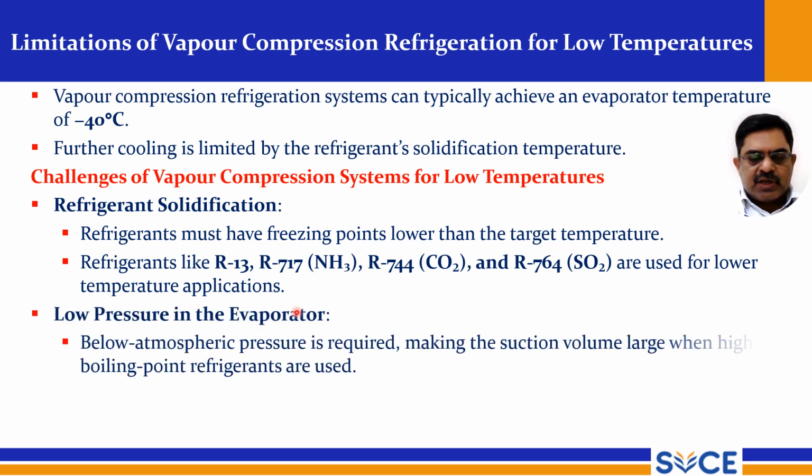Low pressure in the evaporator below atmospheric pressure is required, making the suction volume large when high boiling point refrigerants are used. So when high boiling point refrigerants are used, below atmospheric pressures are required, and this is the low pressure in evaporator.